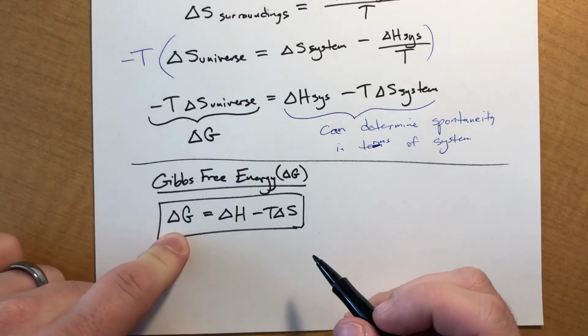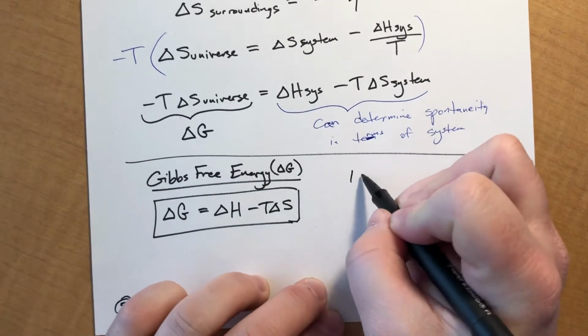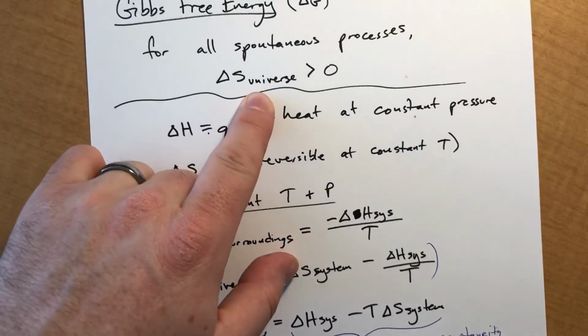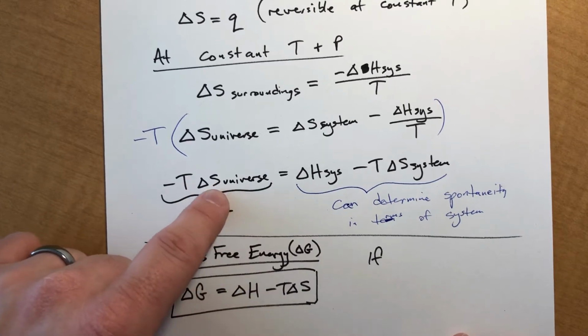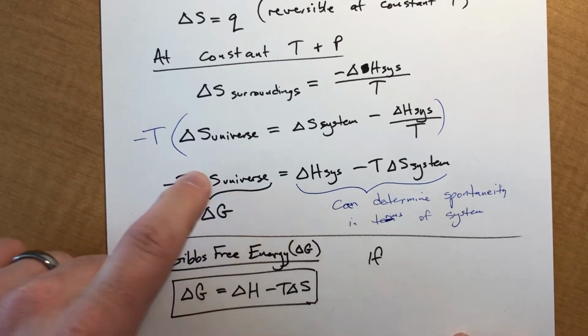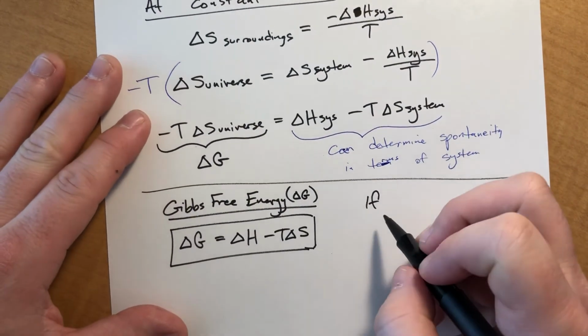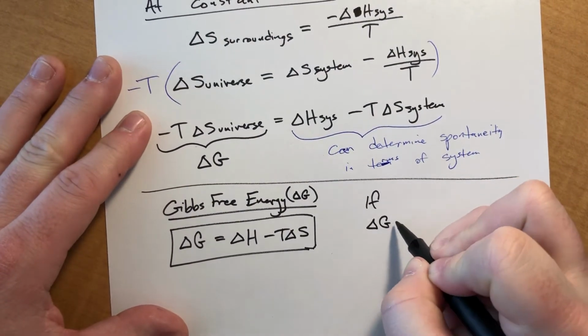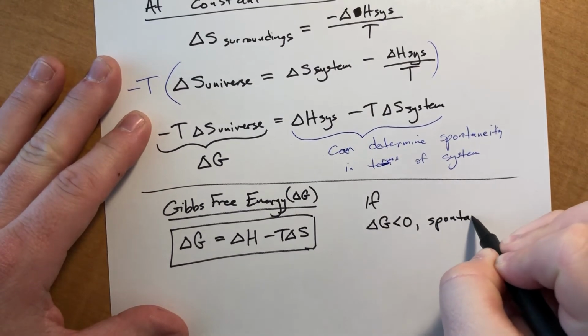But delta G is the end-all be-all as to whether or not things are spontaneous. We said that delta S of the universe has to be positive, and delta G is negative T times delta S of the universe. So since this needs to be positive, and we're taking a negative sign in front, we need delta G to be negative. So if delta G is negative, the reaction is spontaneous.